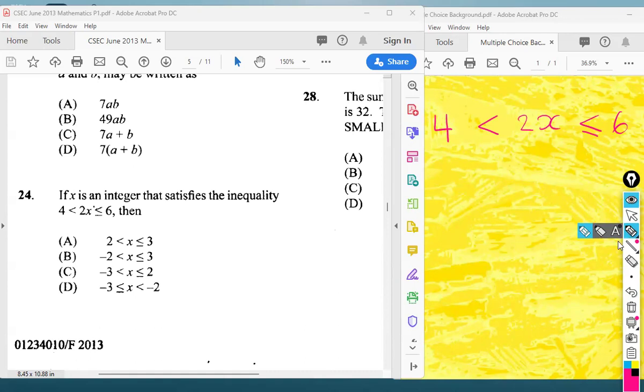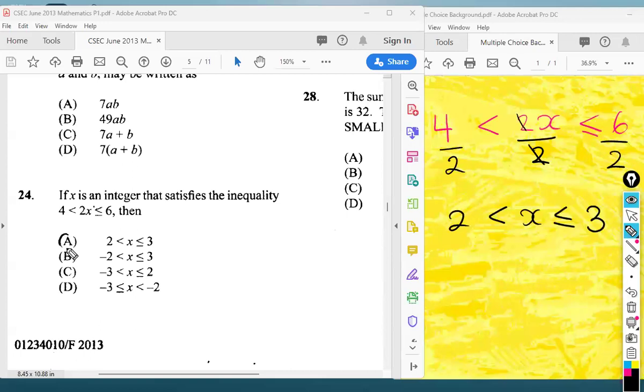Whatever you do to one side, just make sure to do it to everything else on the other side. So the same concept holds here. If we divide the middle by 2, not a problem. We just have to make sure to divide everything else by 2. So the 2 and the 2 will cancel out here, and 6 divided by 2 is 3. So the answer is E.